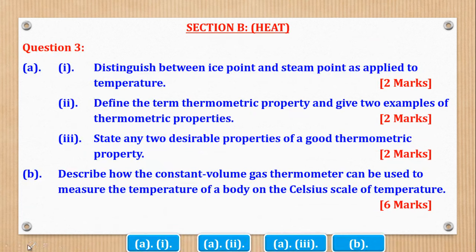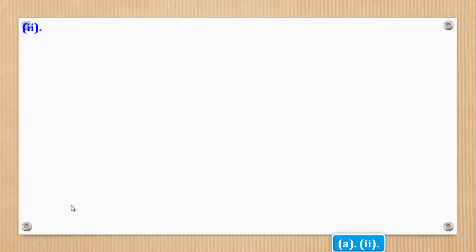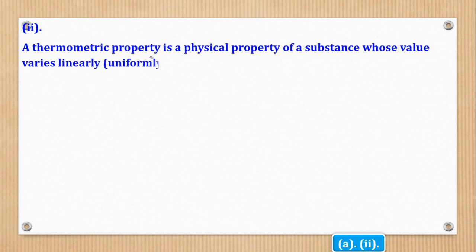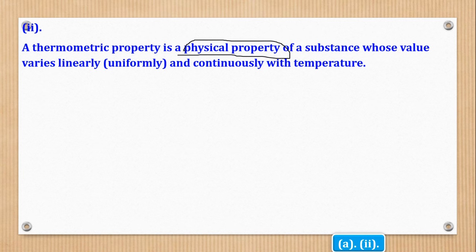A Roman 2 says, define the term thermometric property and give 2 examples of thermometric properties. So a thermometric property is a physical property of a substance whose value varies linearly and continuously with temperature.